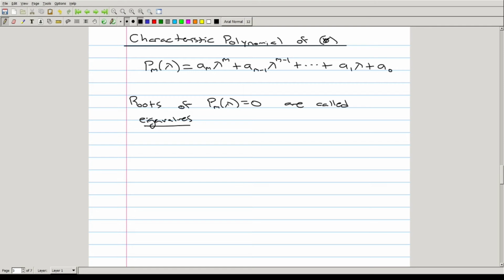But these eigenvalues actually determine the behavior of the solutions to this differential equation in a very fundamental way.